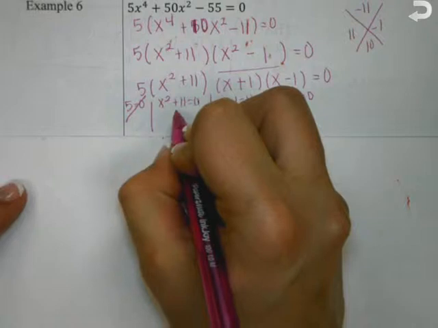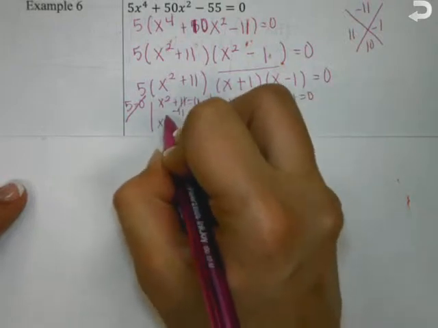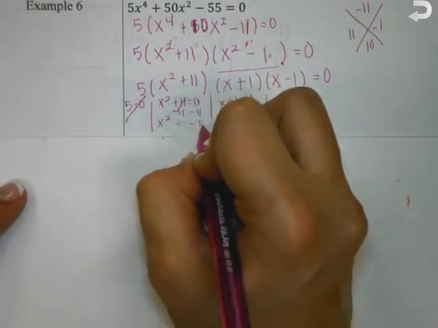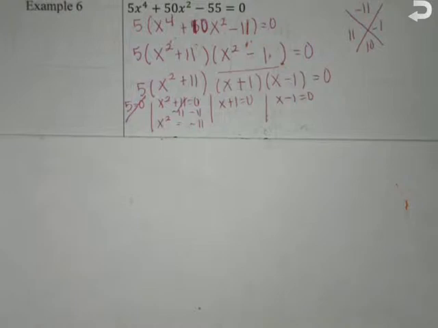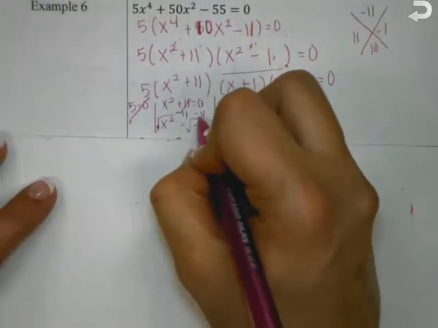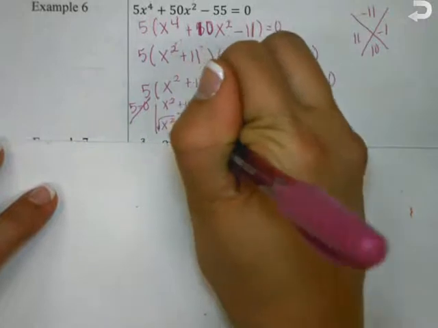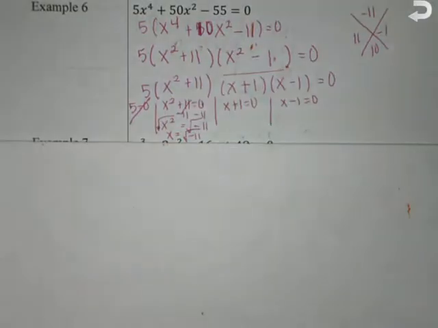And then what did I do in the last one when I had x squared? Square root. Square root of x squared gives me x equals square root of -11. Is that possible? Can you take the square root of a negative? No. It's called an imaginary number. We're not there yet. So that is also not possible. So now we only have 2 answer possibilities.